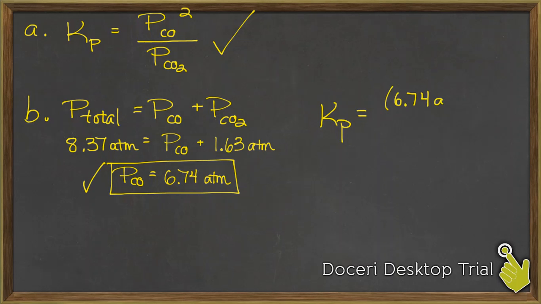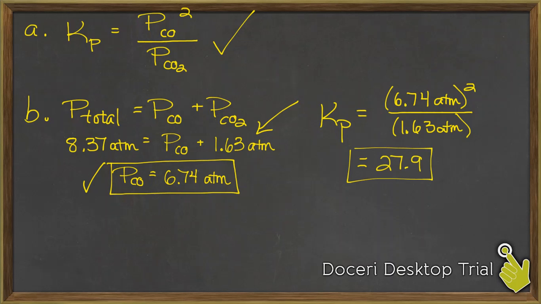Don't forget to square it. And I know what the partial pressure of carbon dioxide is because they gave it to us in the problem. If I put that all into my calculator, and I'm going to round to 3 significant figures, I get 27.9 is my value for Kp.